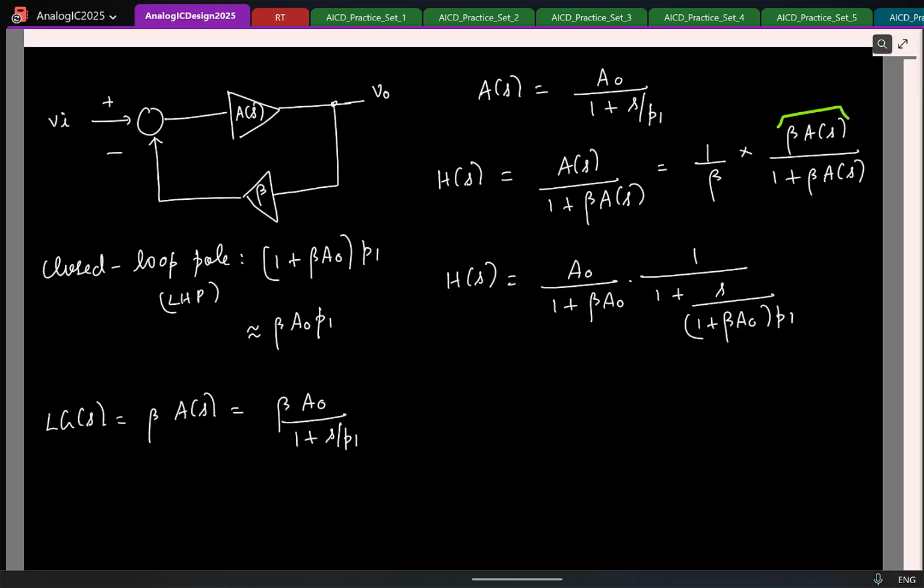So you can take it as an exercise and please work out the frequency at which the magnitude of the loop gain becomes unity. Find the value of omega at which the magnitude of the loop gain becomes 1.